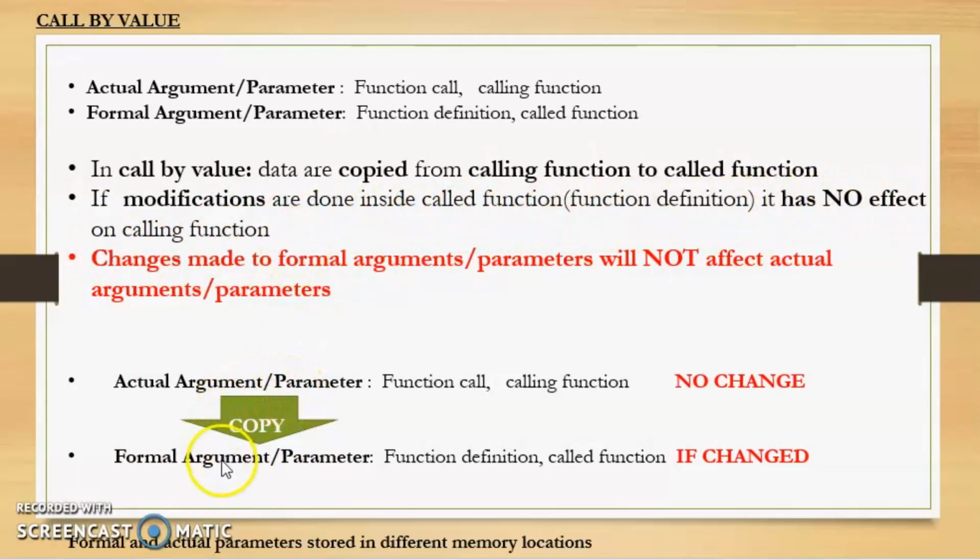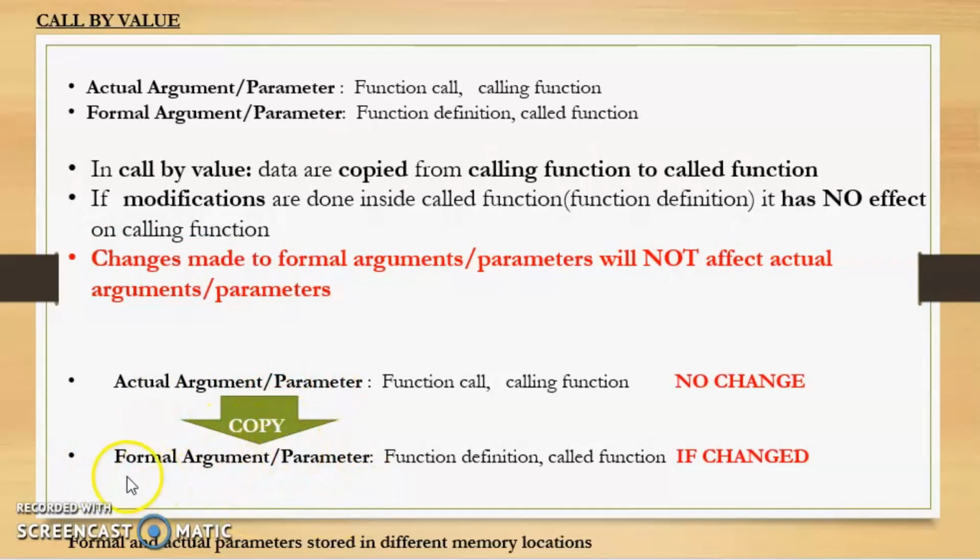Now since a copy of the variables was passed, any changes done inside the function definition or the called function will have no effect on the variables in the calling function. In other words, we can say that the changes made to the formal parameters will not affect the actual parameters. Now as we had seen, the actual parameters will be copied to the formal parameters.